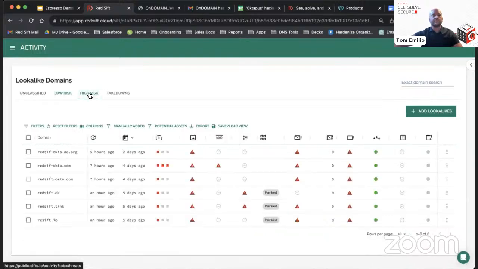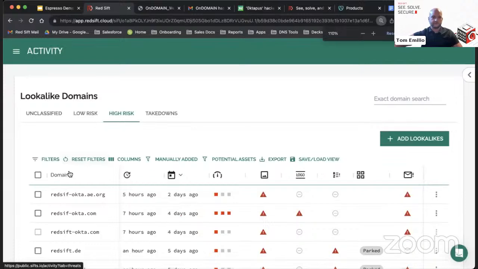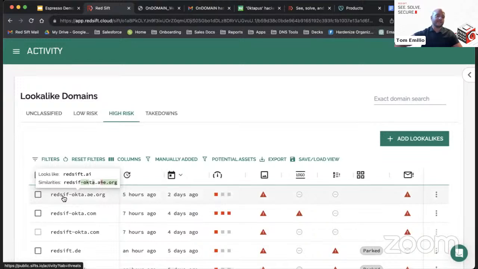But the high risk stuff is what's super interesting. So let's take a look at a few examples. I'm going to zoom in here and look at this first one because it's really interesting. There's a few things going on here. You have Red Sift, so we got a typo, then a hyphen, and then we have Okta in there, attempting some sort of SSO page recreation.